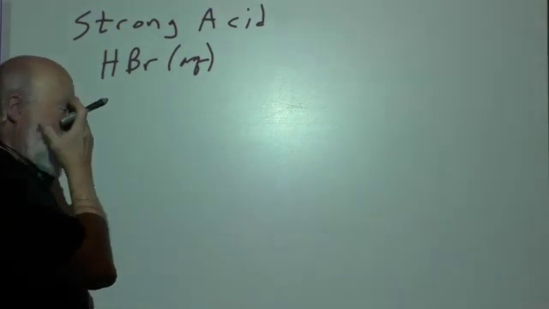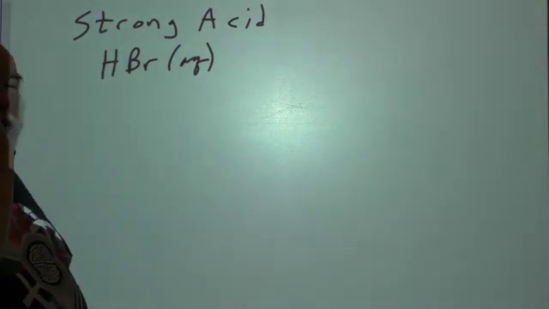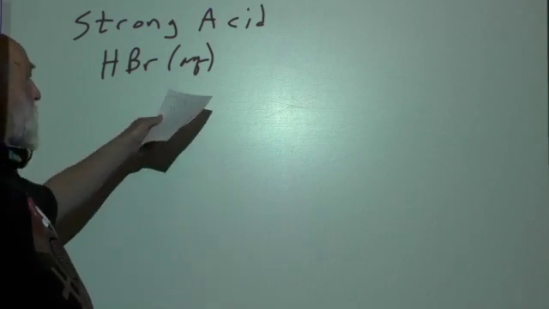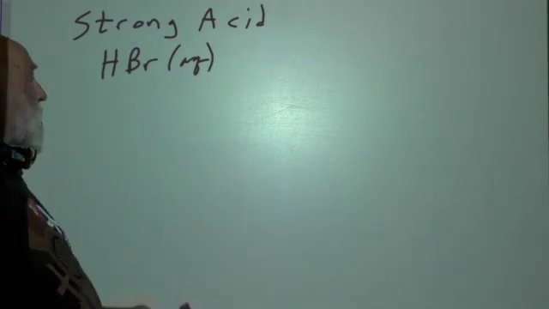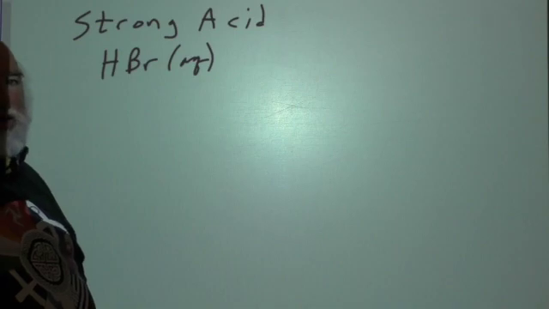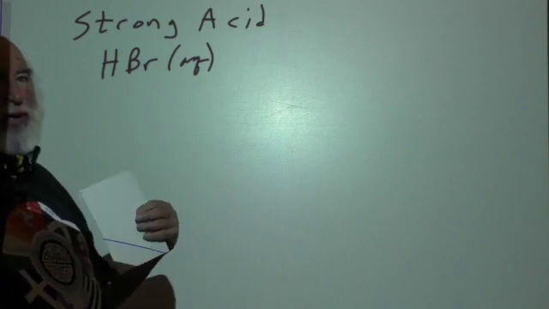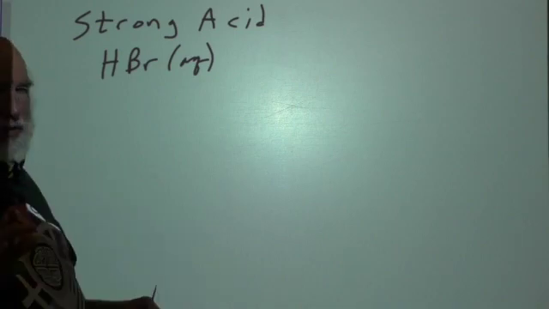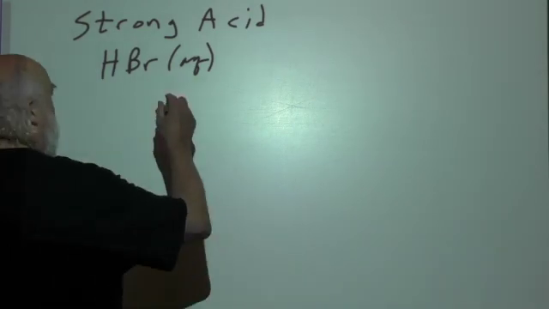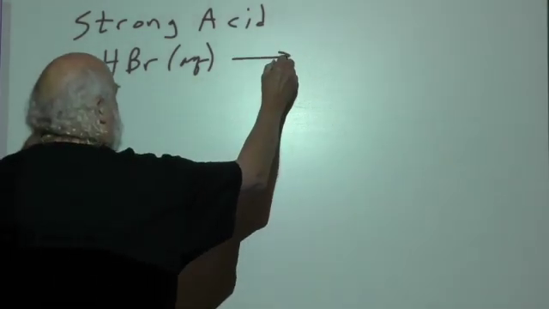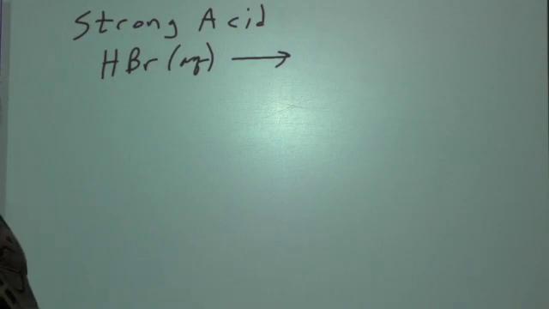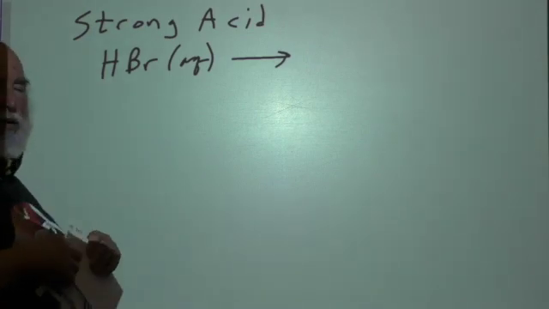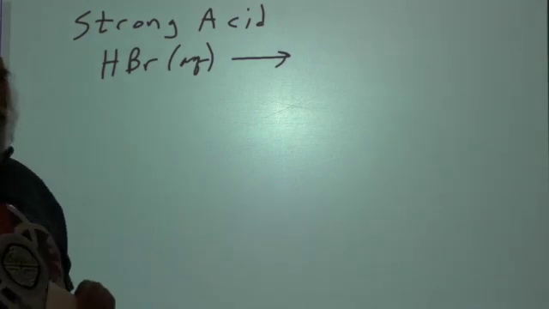And honestly, we've never really said this before, but in order for an acid to be considered an acid, it has to be an aqueous solution. Hydrogen bromide is a gas until it's dissolved in water, and then it becomes an acid. So just a little tidbit to throw out to you there. But the fact that this is a strong acid, and the fact that strong means 100% dissociation, breaks down completely, we use a single arrow to show that.